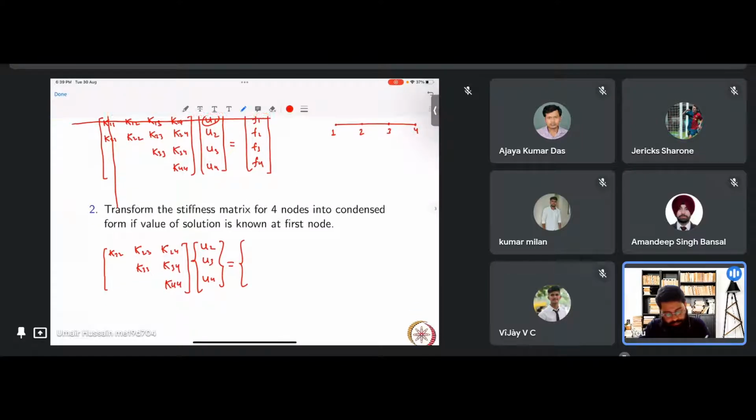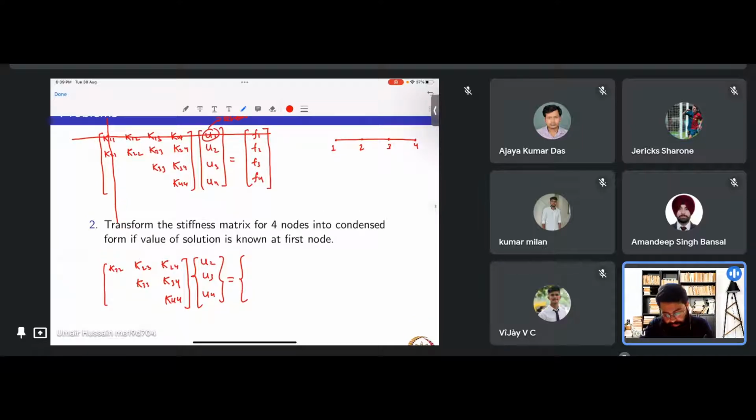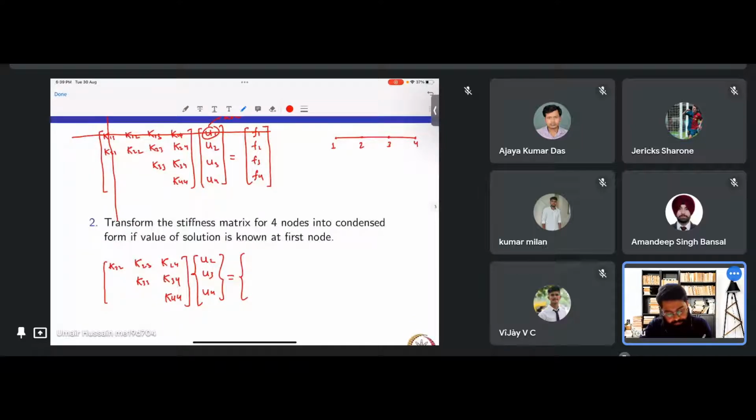If we write equation 2 here, you can write it as k21 u1 plus k22 u2 plus k23 u3 plus k24 u4 is equal to f2.